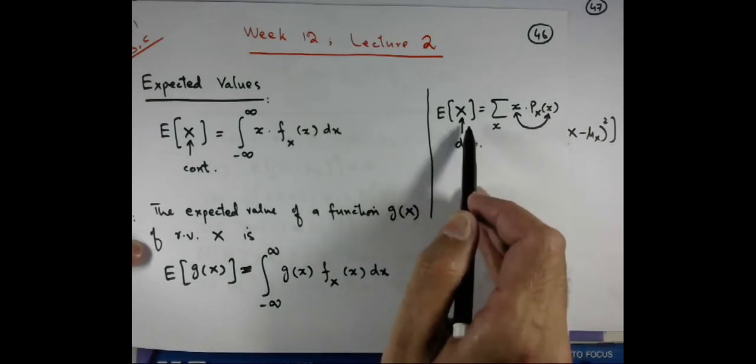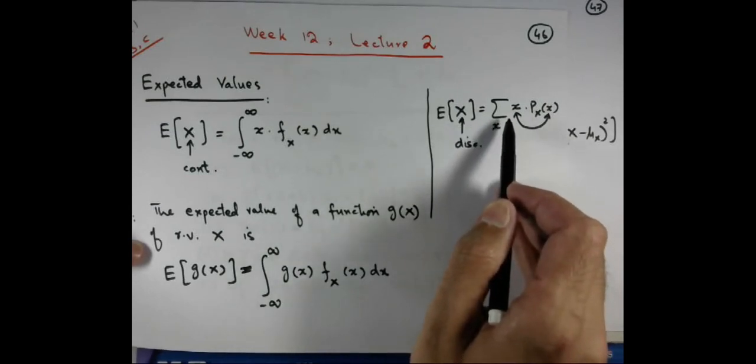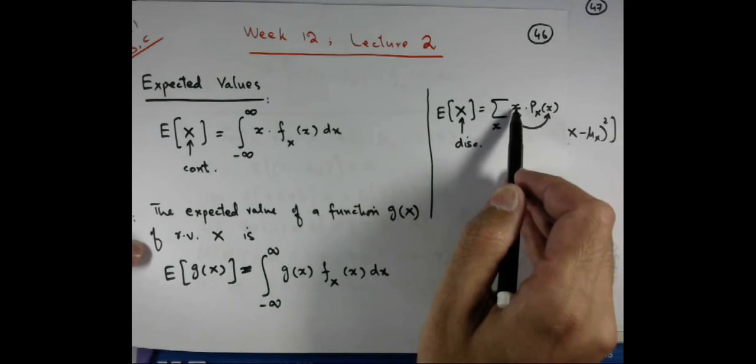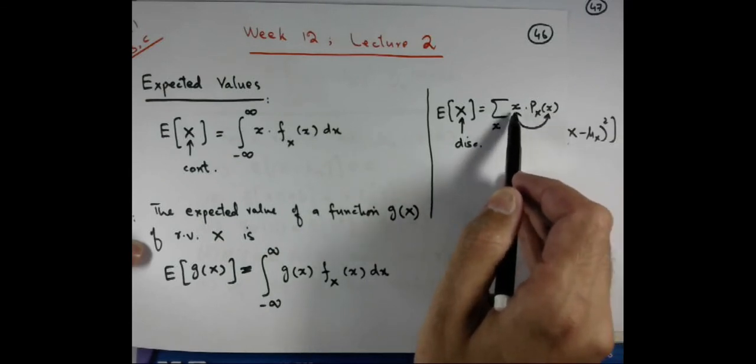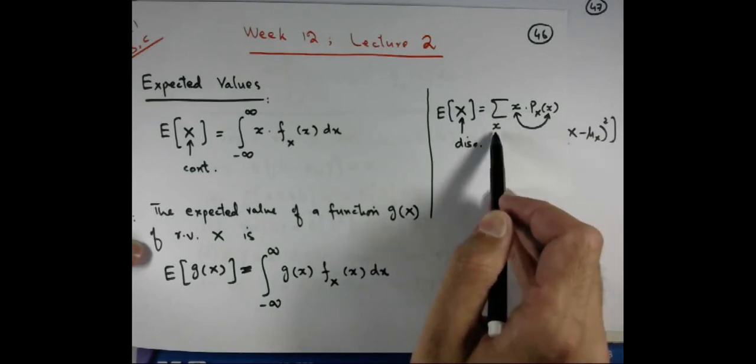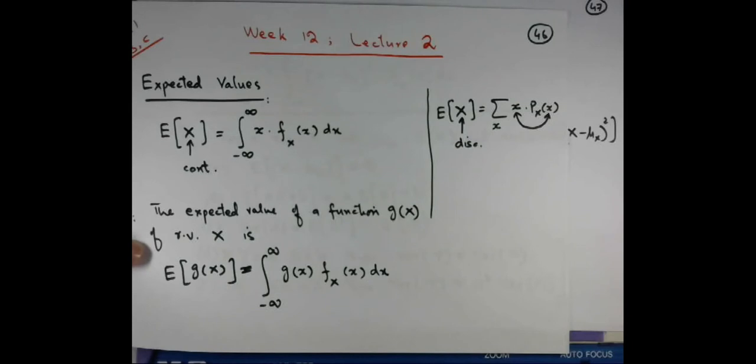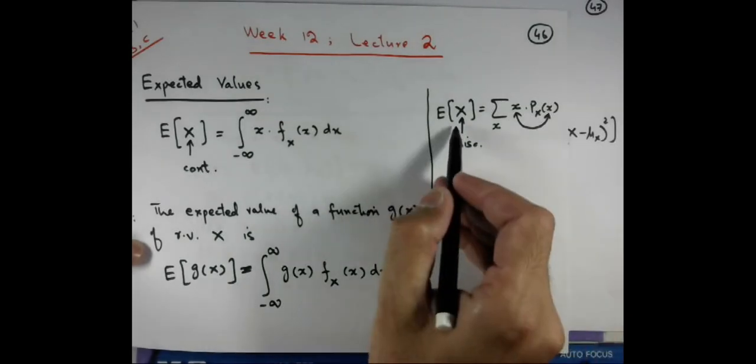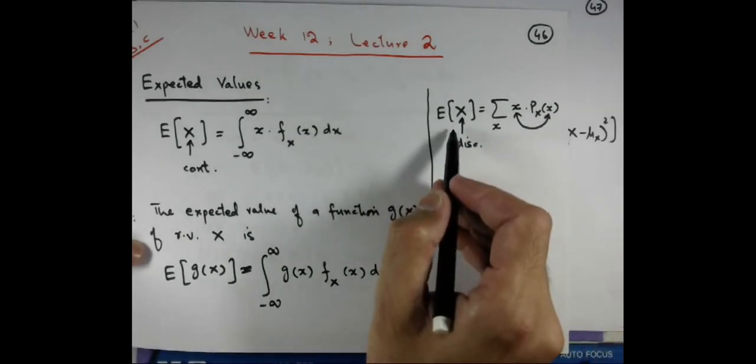The expectation of a discrete random variable is simply summation of the value of the random variable times the probability of this value. So you keep on multiplying these two things for all the values of x, and then you sum up all those products and you get the average value of the random variable or the expected value of the random variable.